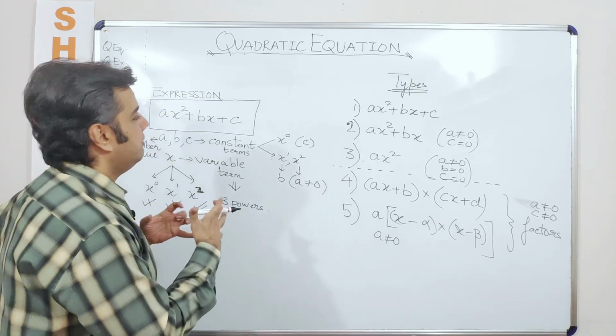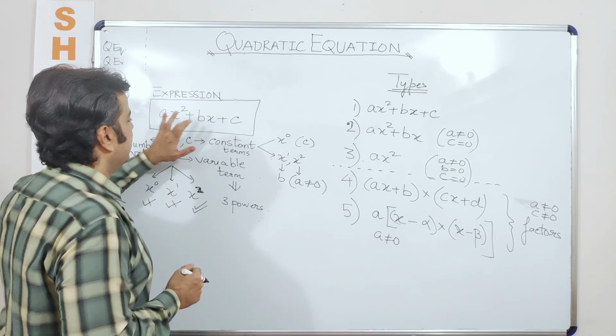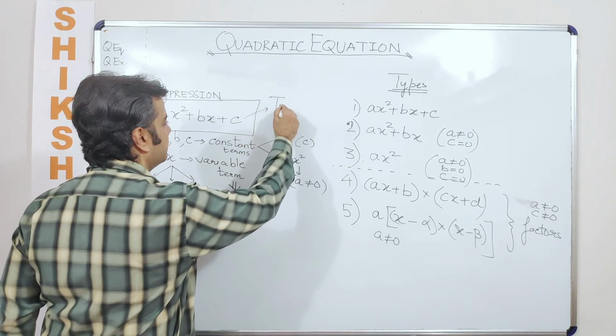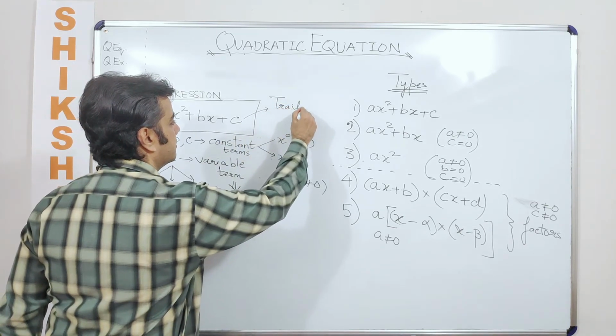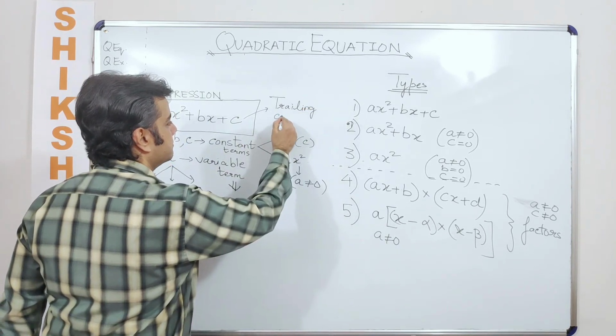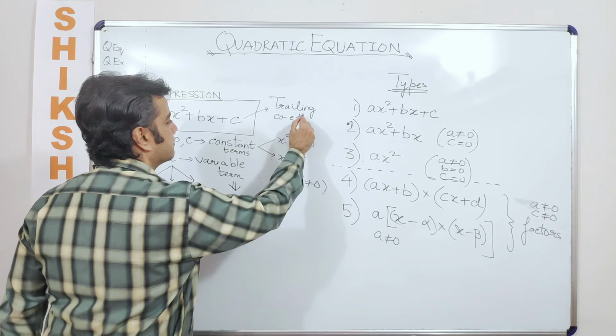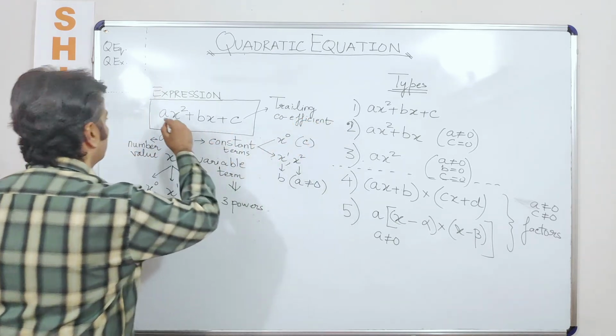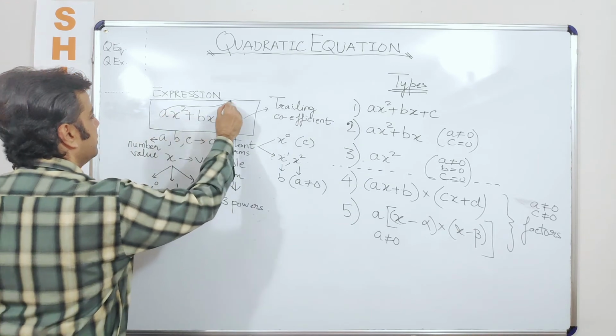Now, there is a technical word that is given to A and C. Now, C is known as the trailing coefficient because it lags behind. And A is known as the leading coefficient.